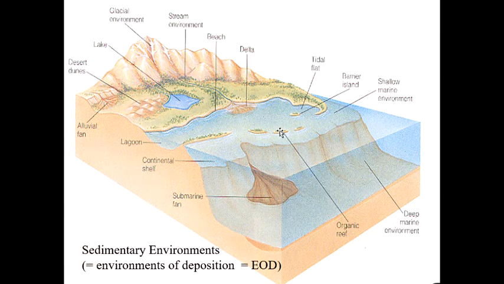This would be the address of the beautiful picture in the previous slide. A lot of chemical sedimentary rocks mediated by biological processes are made here. That would be very different from the stream environment that we talked about before with clastic rocks. So you go all around the planet and different sedimentary rocks are made in different places. This slide set goes over several of these that are important for us.